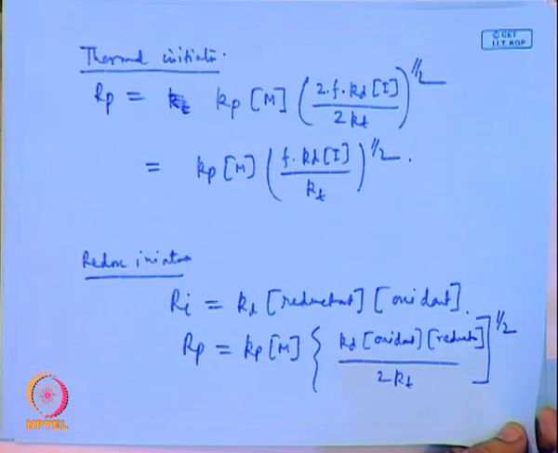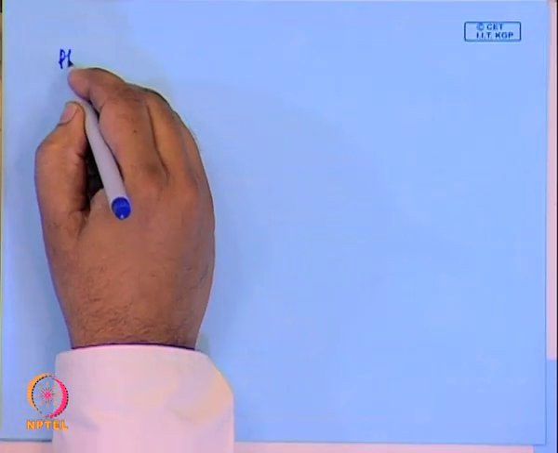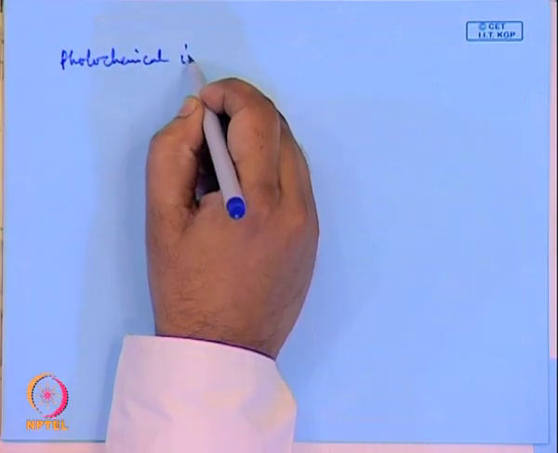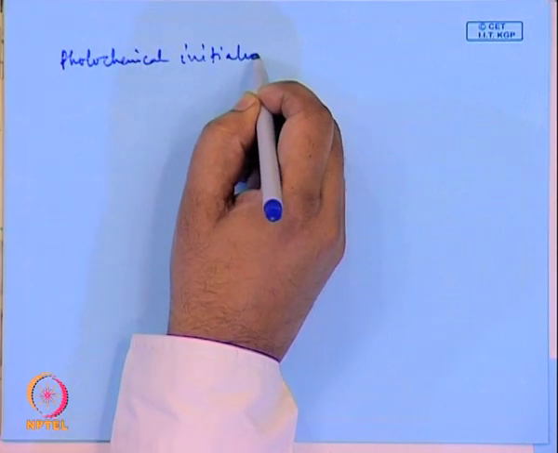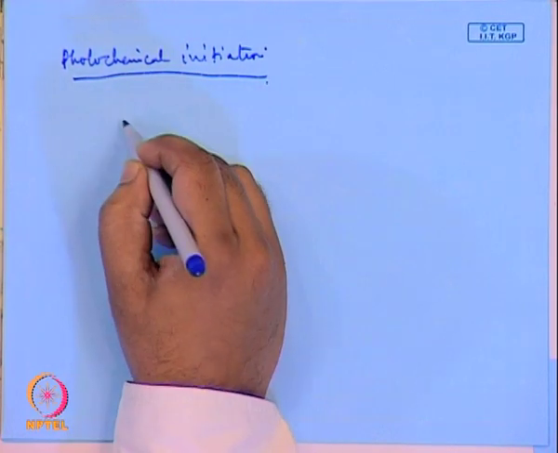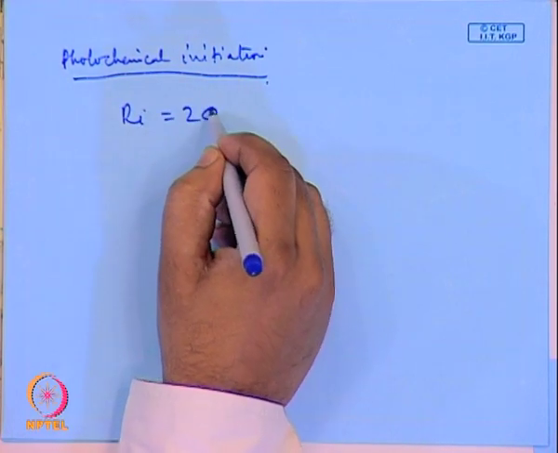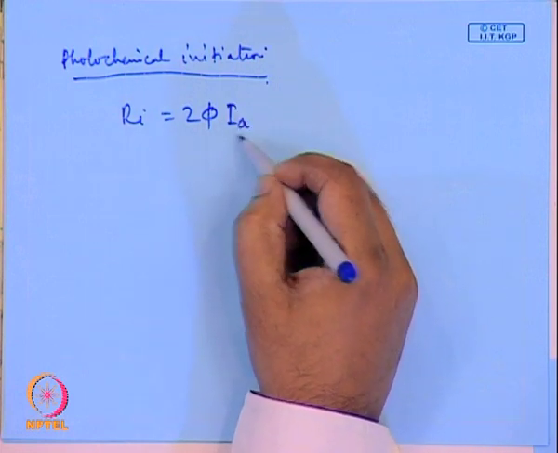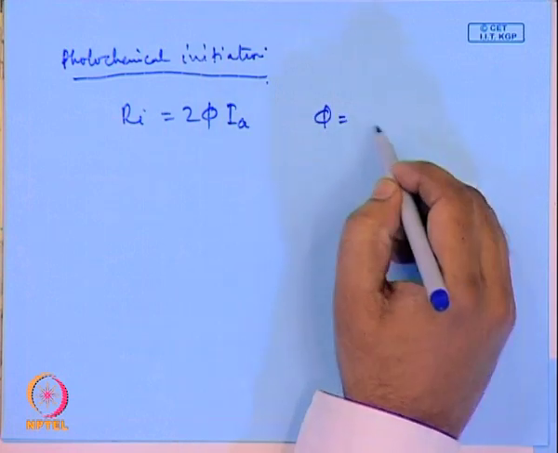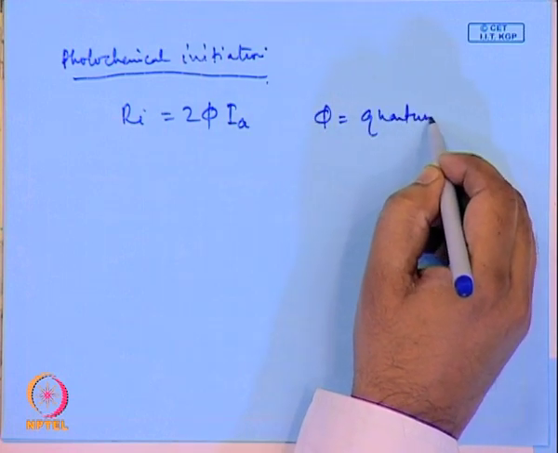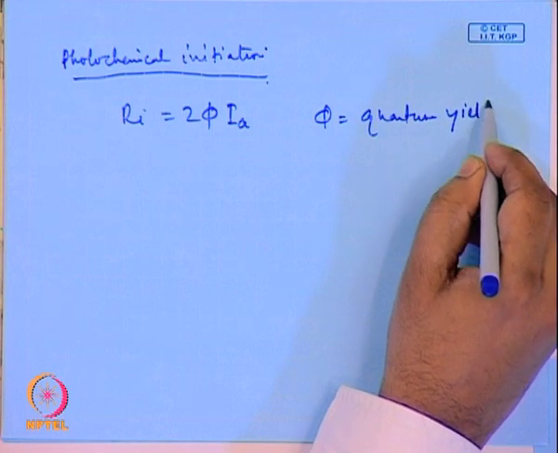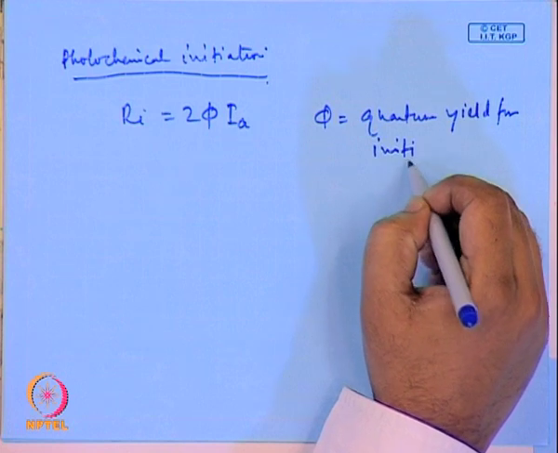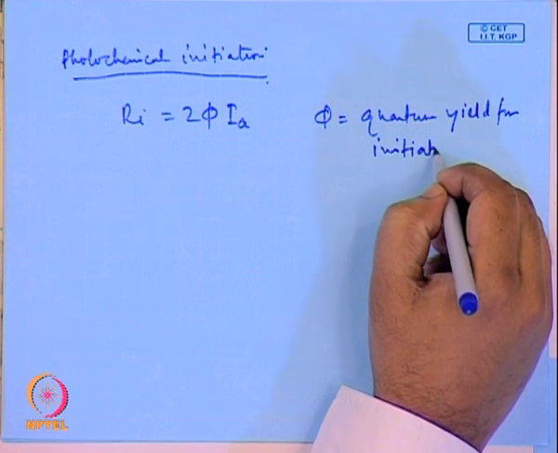For a photochemical initiation or photo initiation, Ri is twice phi I A. I A is the intensity of the radiation and phi is the quantum yield for initiation, similar to efficiency F for thermal initiation.